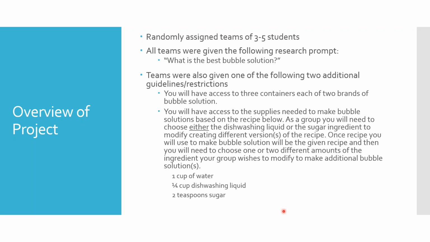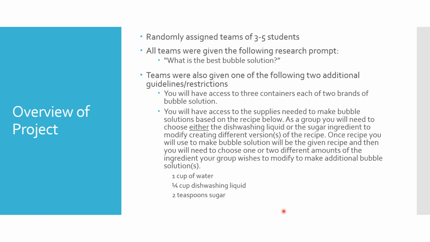So you can see at the bottom a cup of water, 1/4 a cup of dishwashing liquid, and 2 teaspoons of sugar. And as a group, they needed to choose one of the elements, either the dishwashing liquid or the sugar, to vary, to come up with either 2 or 3 treatments total, where one of the treatments was this recipe as made, and then they had to choose one other element to modify.